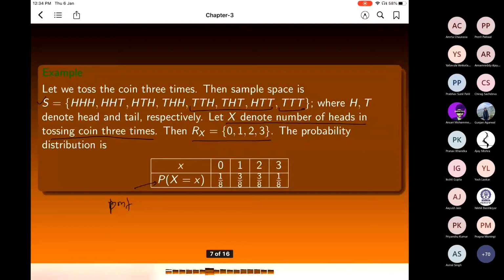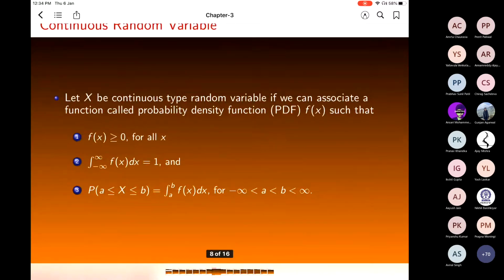Similarly, we have continuous type random variable, where if we have the corresponding CDF as continuous type, except at some points we will have the derivative, so we can have a corresponding probability density function.